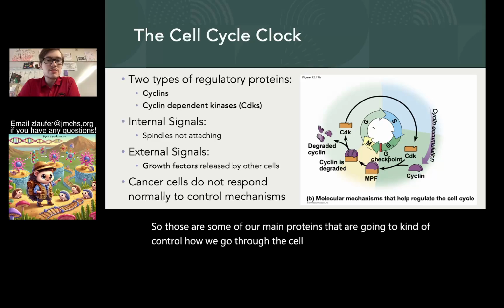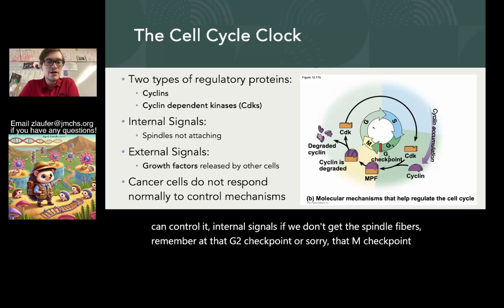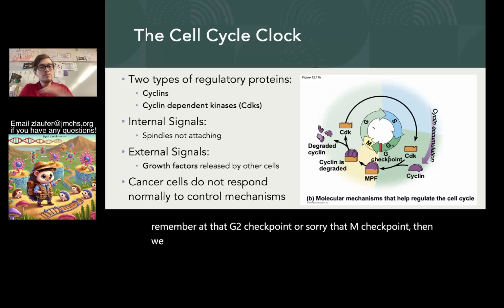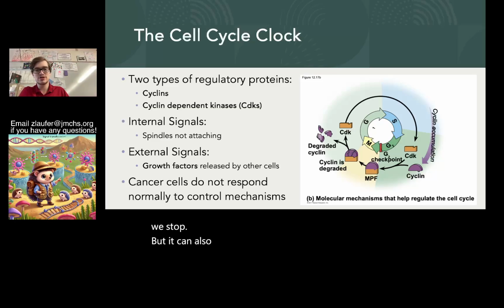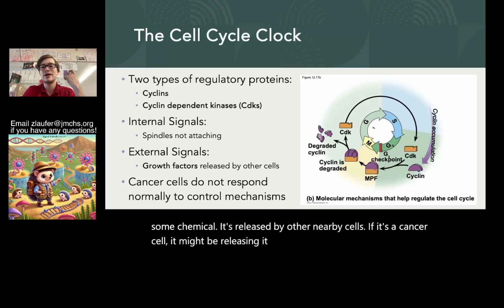So those are some of our main proteins that are going to control how we go through the cell cycle. Some other things that can control it: internal signals. If we don't get the spindle fibers, remember at that M checkpoint, then we stop. But it can also be external, so it can be growth factors that are just some chemical released by other nearby cells. If it's a cancer cell, it might be releasing it to itself.